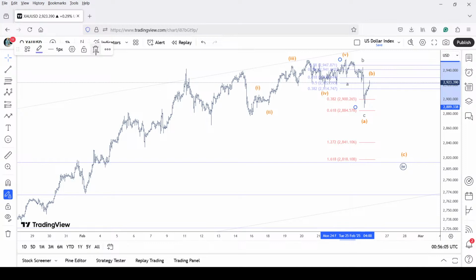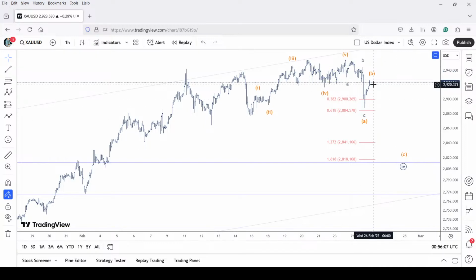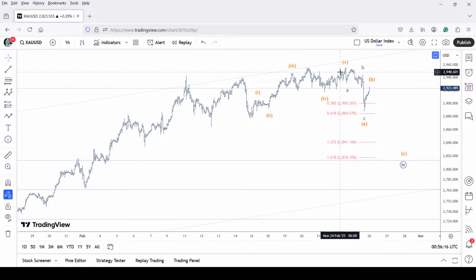What we can do now is initiate another short position with a stop just above 2954. Okay, the same trade, stop loss around 2956. So let's be around 2959.50, the same stop loss that we offered last time.